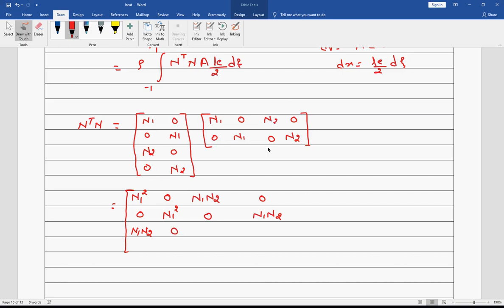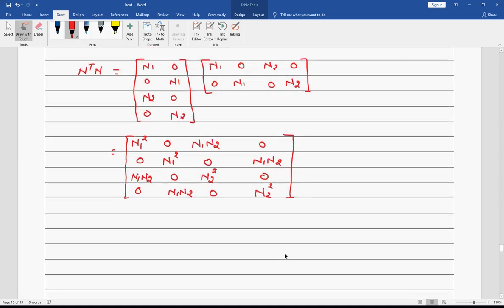Third row and third column, N2 square, and third row and fourth column, 0. The last row is 0, N1 N2, 0, and finally N2 square.